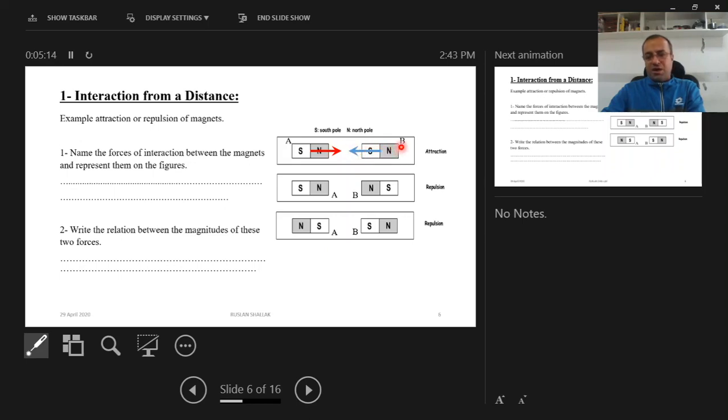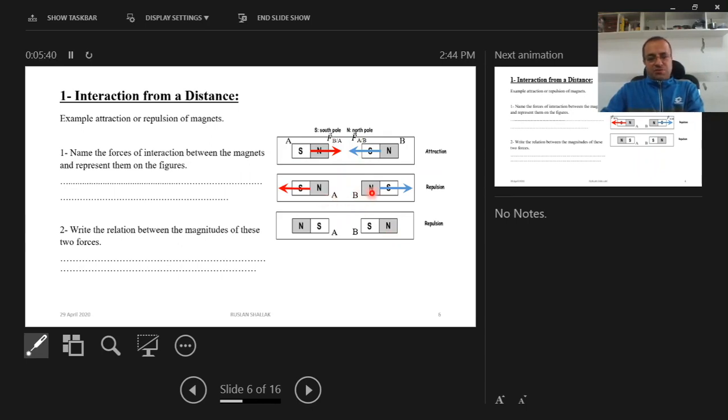At the same time, magnet B tries to attract magnet A, and it exerts a force acting from a distance at the center of gravity of magnet A, which is here. So this force is Fb on A, and this force is Fa on B. They attract each other.